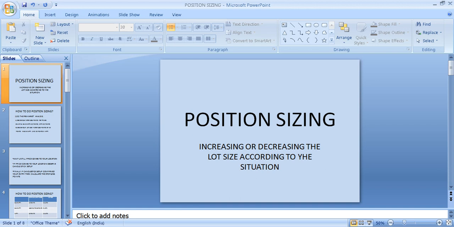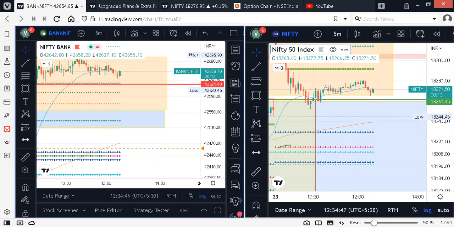When you see low probability trades, when you enter somewhere in Nifty and you encounter a resistance just above your entry, or 10 or 20 points above your entry, then it is going to be a low probability trade. I will show you how high probability and low probability trades look like.